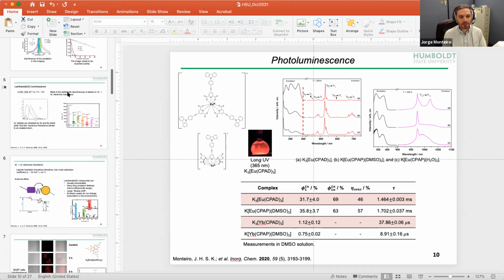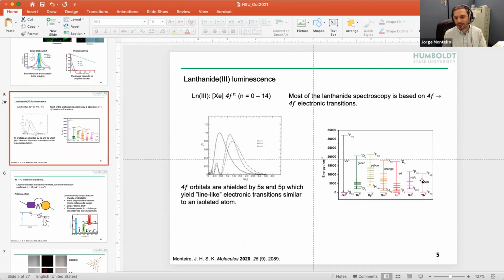Now what I'm using for the NIR is ytterbium. Because we have a different number of f electrons, you split everything in a different way, so we fall in the NIR. For europium, the main transition is here, but we can go here, here, here, and here. But it's mostly in the red, and this is mostly in the NIR. Okay.